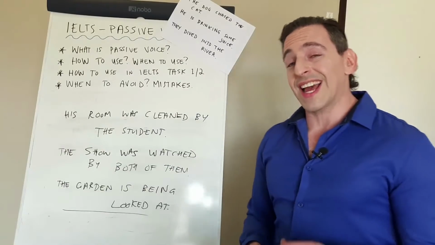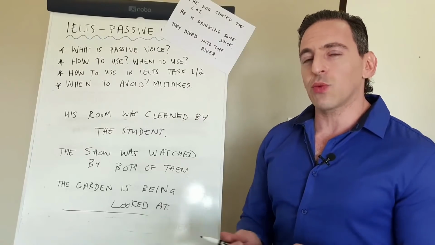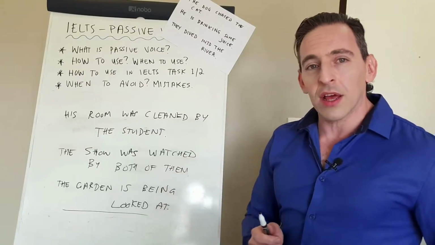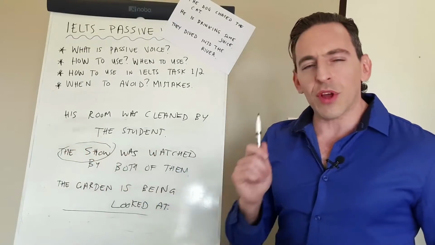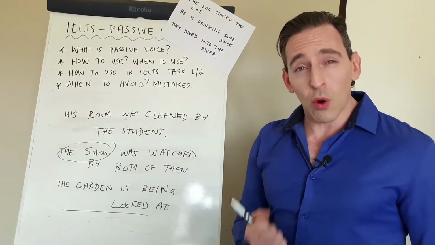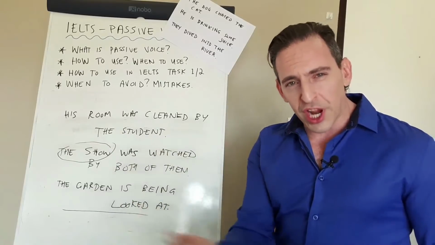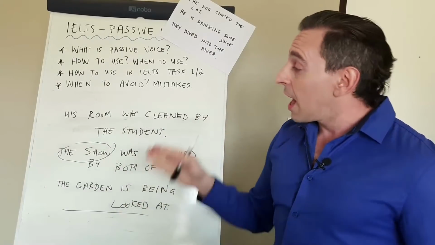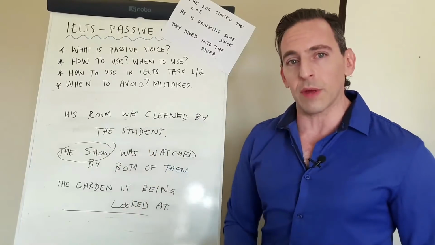Another reason I need passive voice, or I can choose to use passive voice, is when I want to focus more on the object. So let's look at this one. I want the show to be what we're talking about. By making the show the first word and changing the order of the sentence, I am making this the center of the sentence. This is what it's all about.